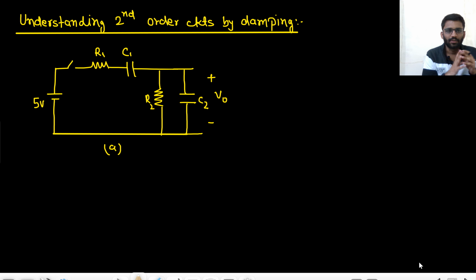So that concept will be used here. Later on we will understand the time domain analysis, which will be a very complex concept, but I will explain it very precisely. So let's meet in the next video and study the second order circuit by damping.